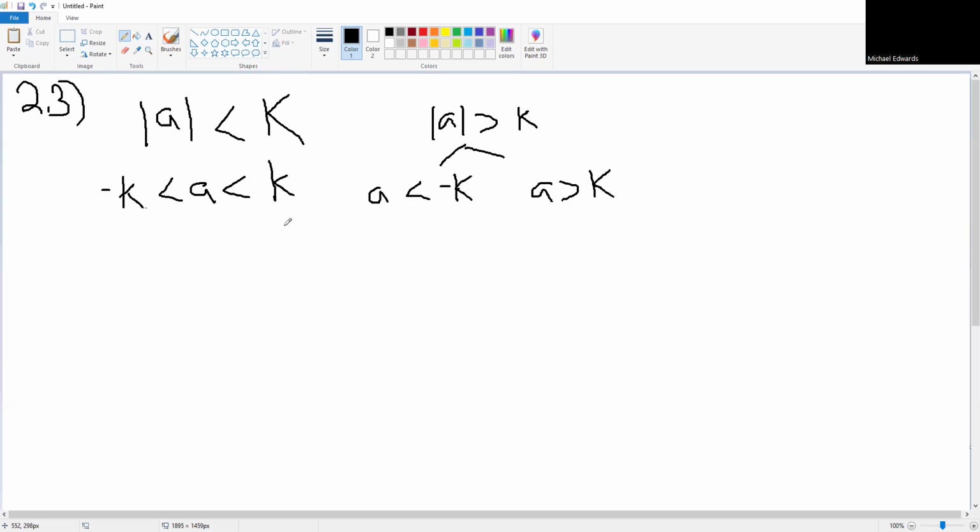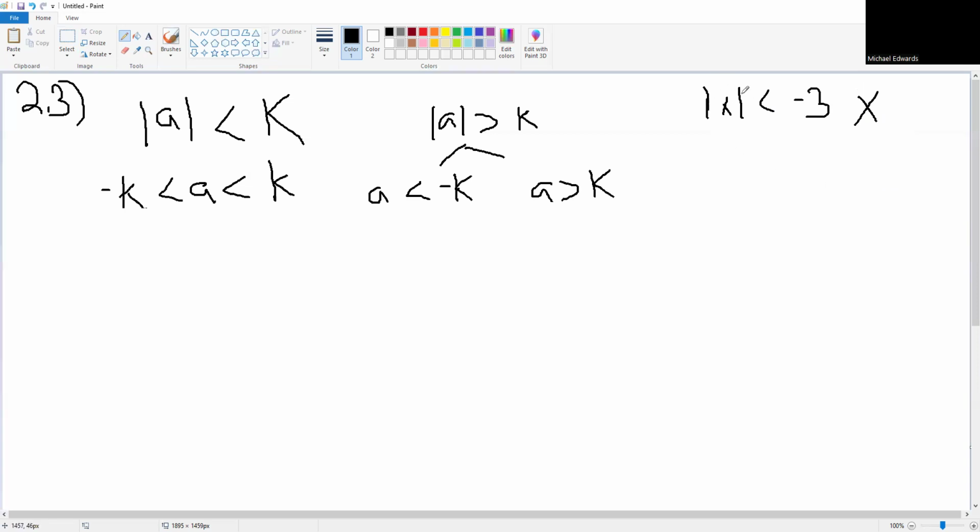So, okay. According to the book, if you have an absolute value, well, let me write it here. If you have an absolute value, let's just use X. There we go. Absolute value of X less than a negative number, then automatically there is no solution.